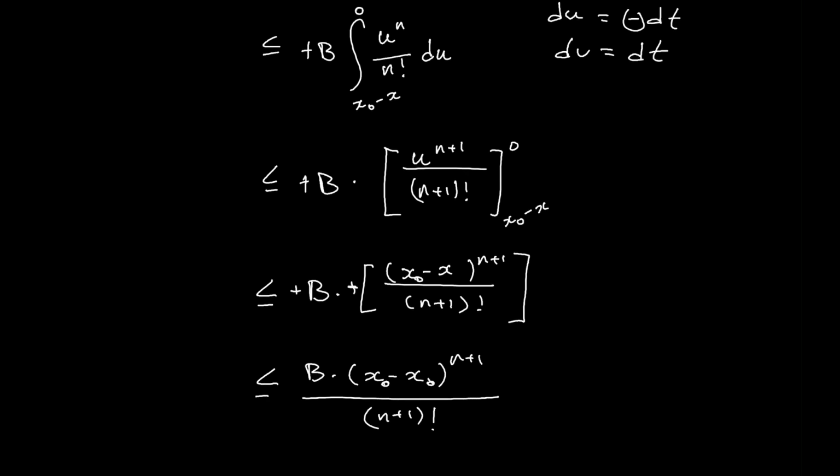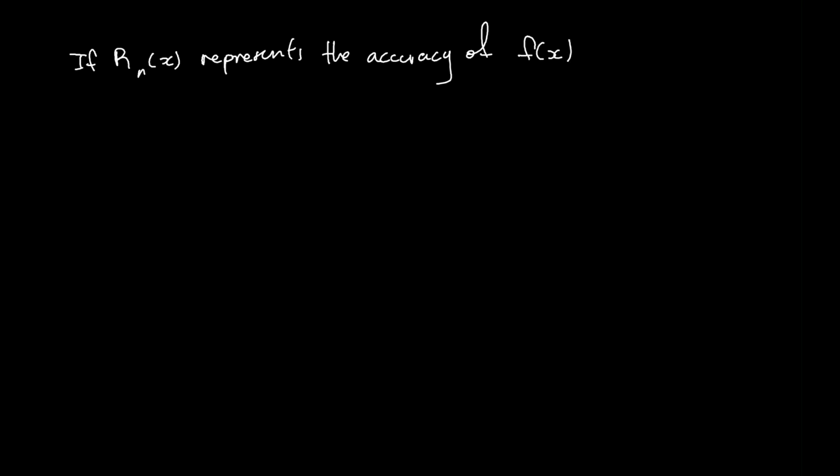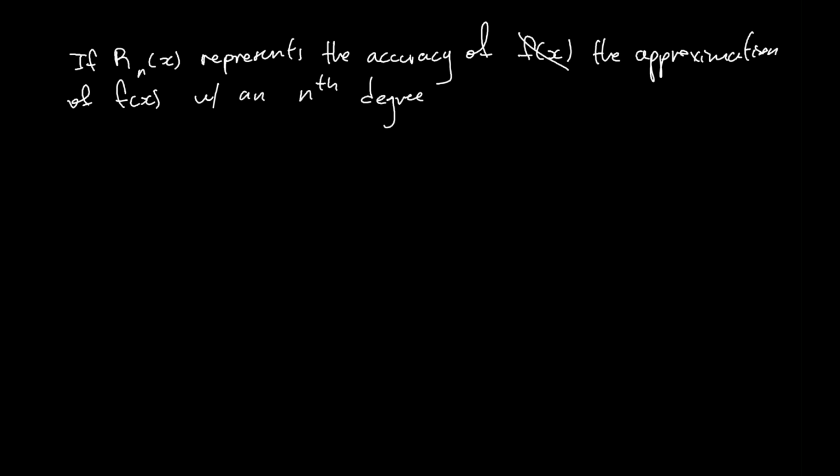So that brings us to our theorem. I'm going to write it out. If Rn of x represents the accuracy of the approximation of f of x with an nth degree Taylor approximation. So that was our nth degree Taylor approximation centered at x naught.